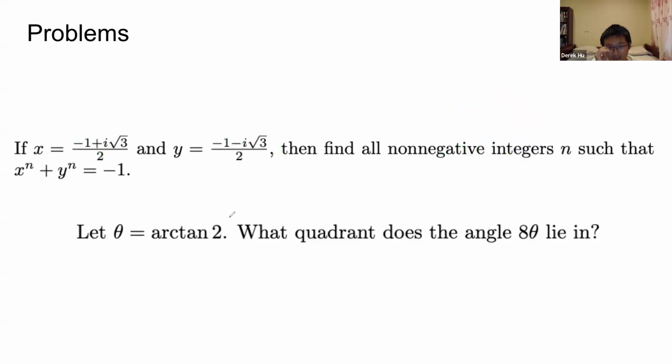Okay, for the second one, you could definitely do something similar to what we did earlier with finding sine 5 theta in terms of sine theta. But another way is to use the tangent double angle formula.